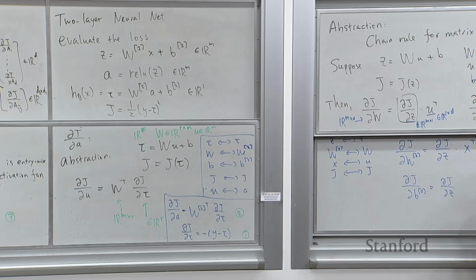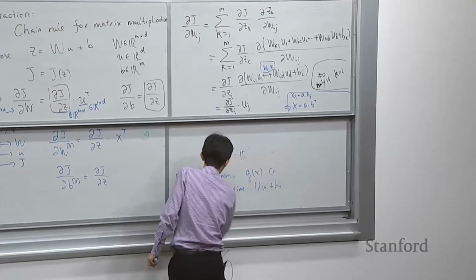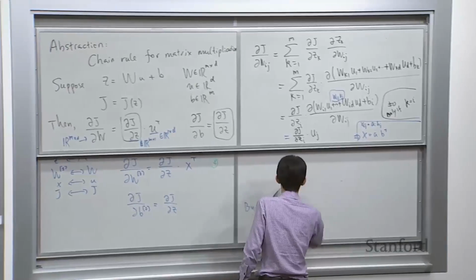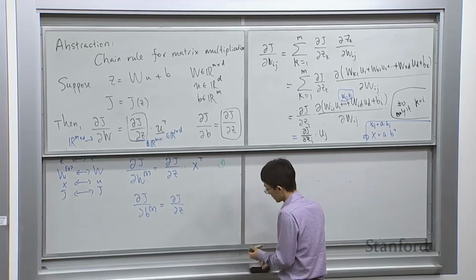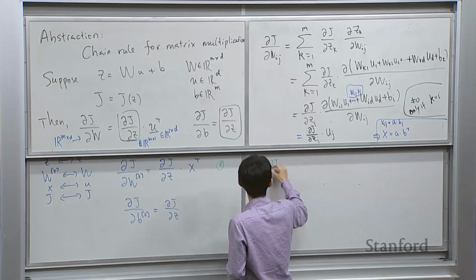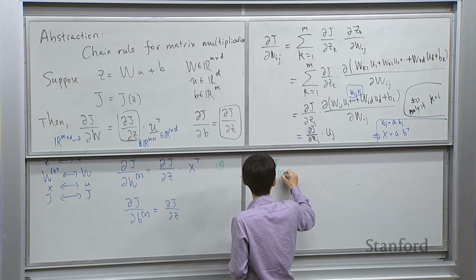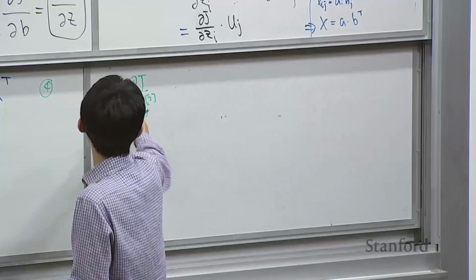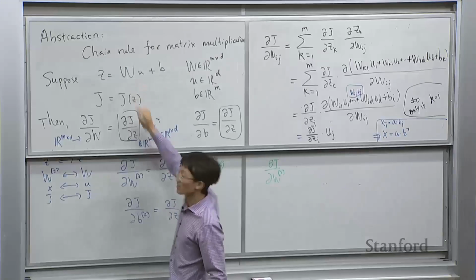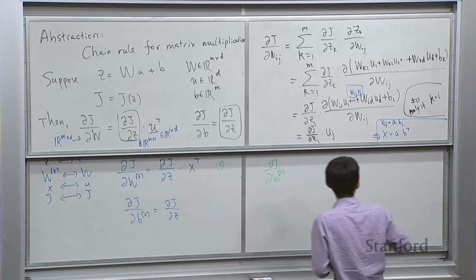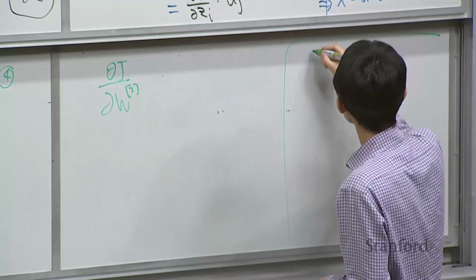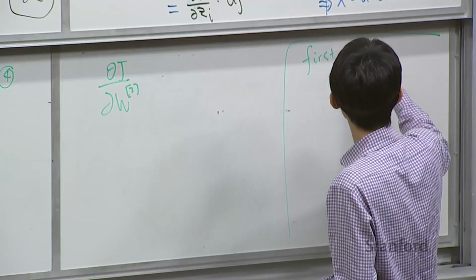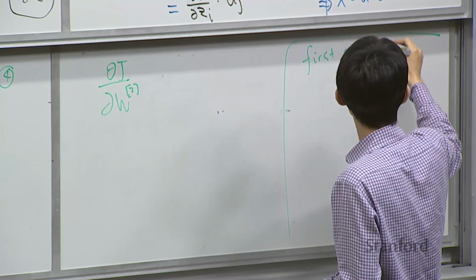So if you care about this, then you view this W2 as the W here. You need a different mapping, so you need to use the first abstraction, the first lemma.